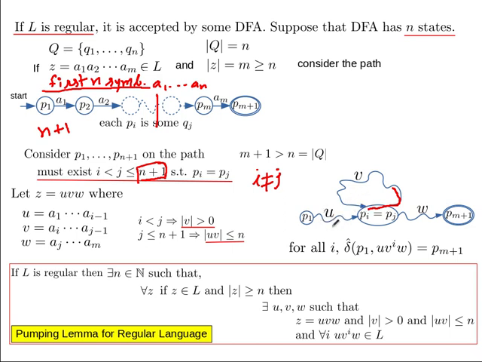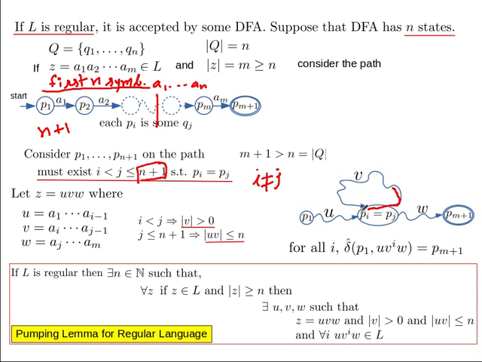Here also you may have some repetition, or you can have repetitions elsewhere also, but that's not our concern. All we are saying is that in this V part, this V starts and ends with the same state.